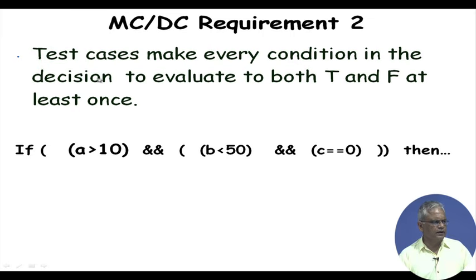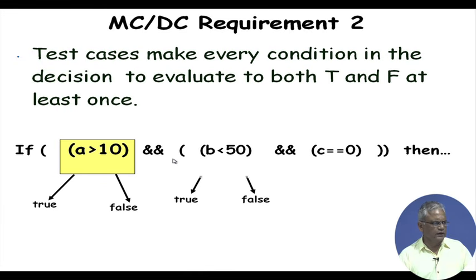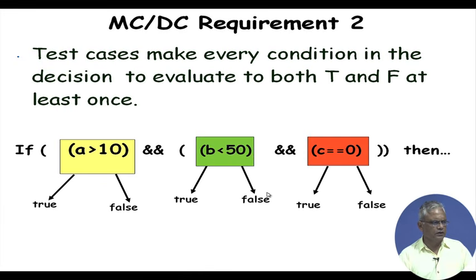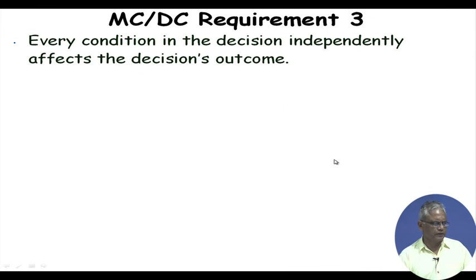Now, the second requirement is that every atomic condition here should take true and false value. So, the first one must take true and false value, a greater than 10 and then a less than 10. The second one also should take true and false value. The third one should also take true and false value.